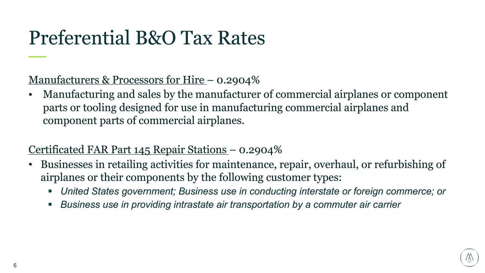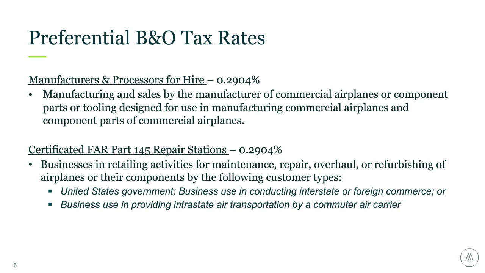The other categories of preferential rates are for manufacturers and processors for hire. The standard rate here is 0.484% for general manufacturing. The reduced rate for aerospace companies is 0.2904%. In Washington, a manufacturer is generally someone who is applying their skill and labor to materials that they own.